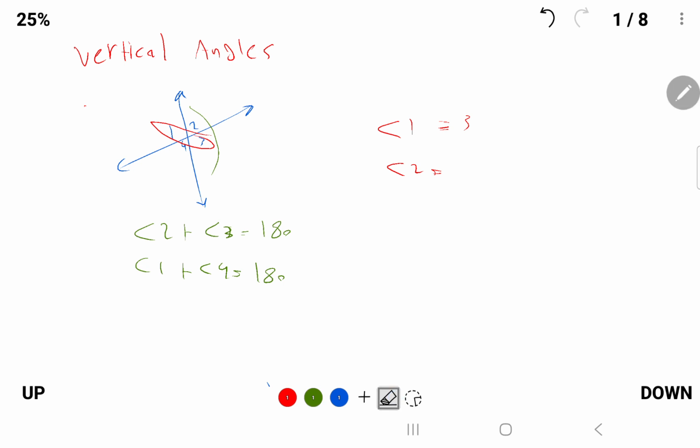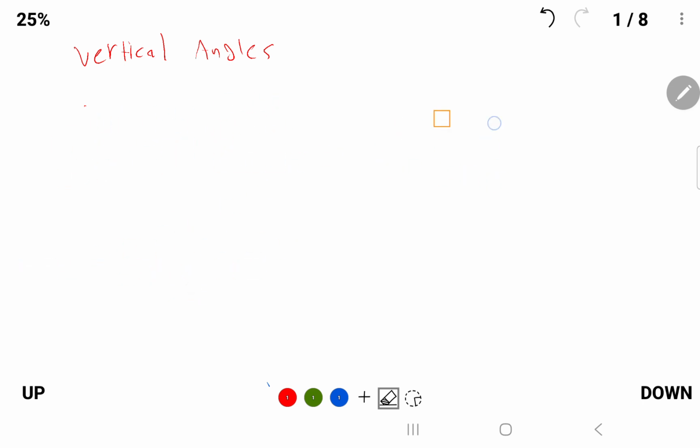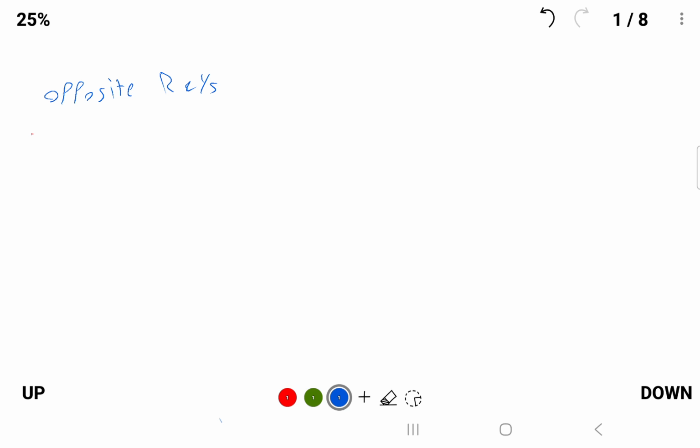Now, two angles are vertical angles if the rays forming the sides of the angles are opposite rays. Now we have opposite rays. Opposite rays are two collinear rays that have a common endpoint and extend in different directions.